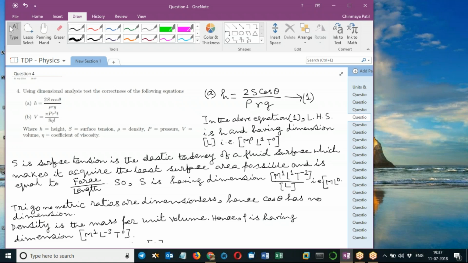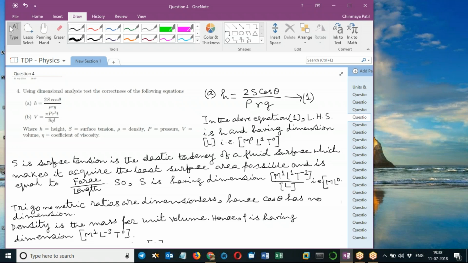Coefficient of viscosity is nothing but force into distance by area into velocity. Coefficient of viscosity is equal to force into distance by area into velocity. I will explain it, but as I am defining it, with this you can proceed, isn't it?